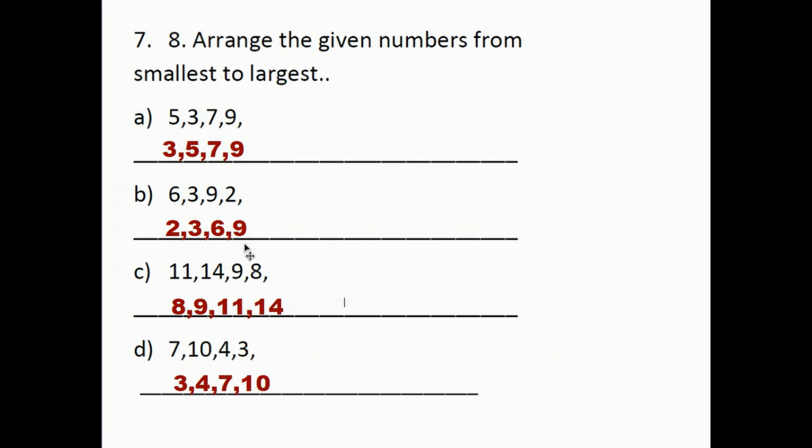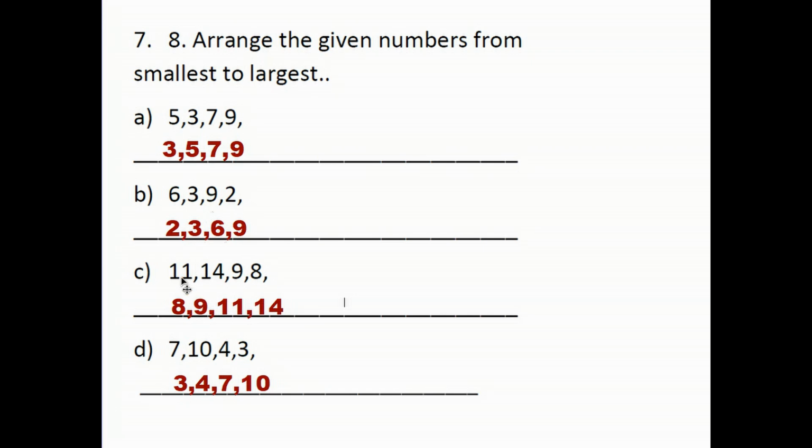So the second one is arranging. For the first one, you are given 5, 3, 7, 9. So you start with which number? From the smallest. The smallest is 3, so you start with 3. 3, 5, 7, 9. This is in increasing order. Again here, you are given 6, 3, 9, 2. So you start with 2. 2, 3, 6, 9.